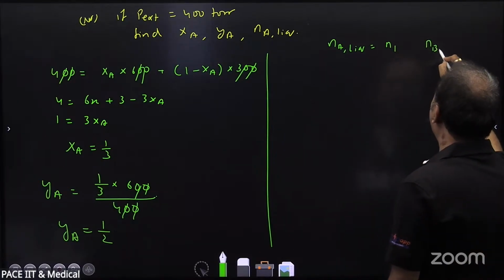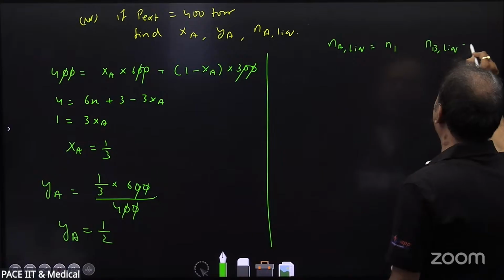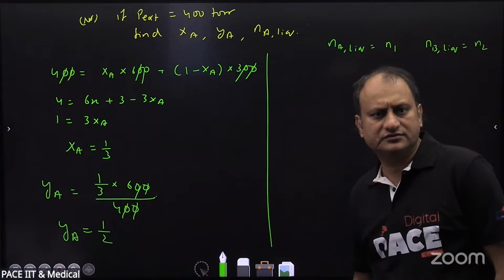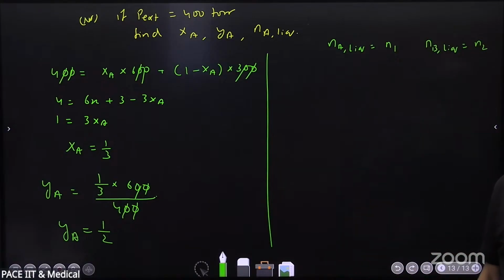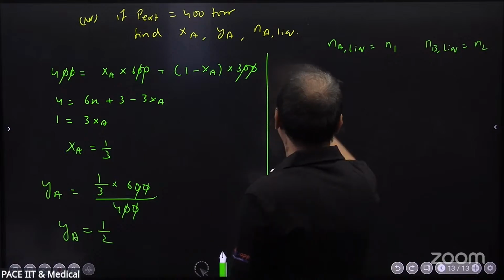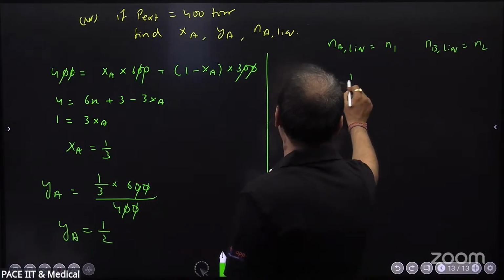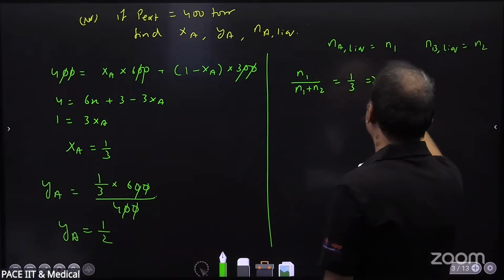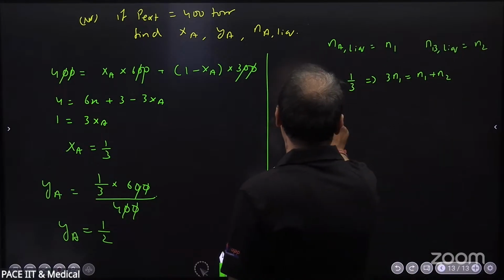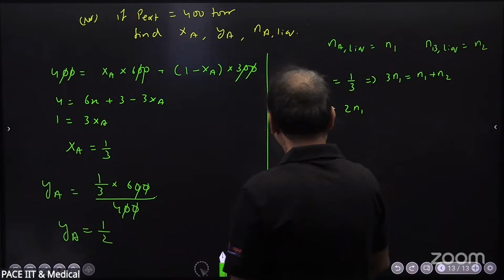And moles of B in liquid form, let's say I assume is N2. Mole fraction of A is 1 by 3 in liquid form. So I can say N1 upon N1 plus N2 is 1 by 3. That is 3N1 is N1 plus N2, or N2 is 2N1.